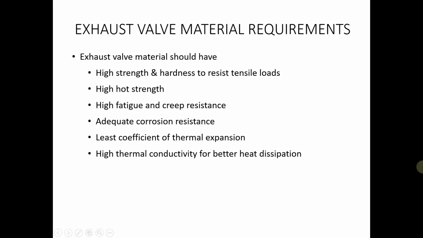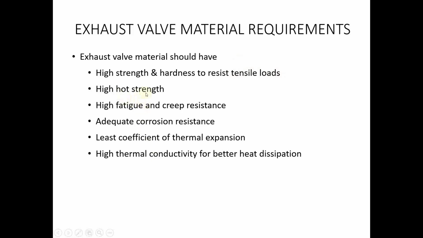Due to these high temperatures, the exhaust valve should be made of materials which can withstand high temperatures as well as the stress conditions at higher temperatures. It should have high strength and hardness to resist tensile loading, which occurs due to the spring loading.